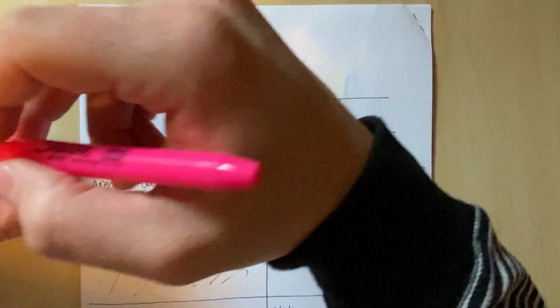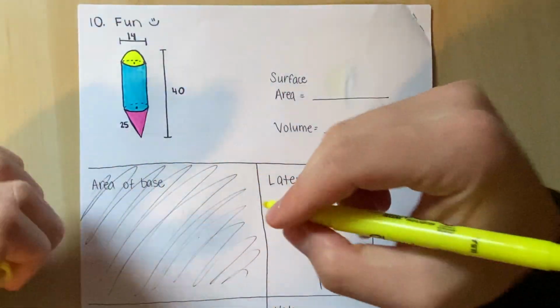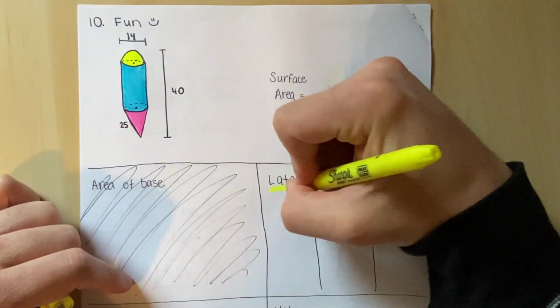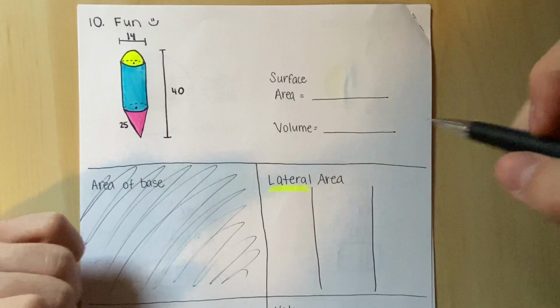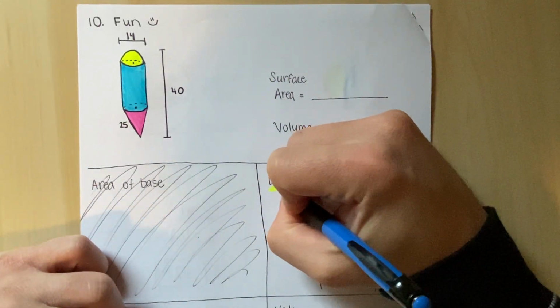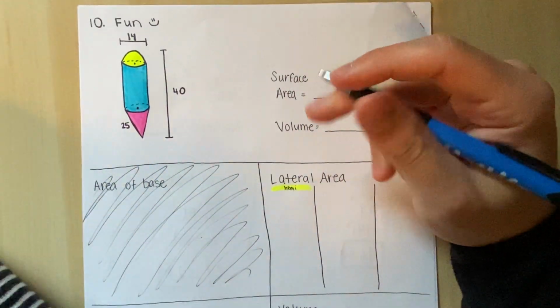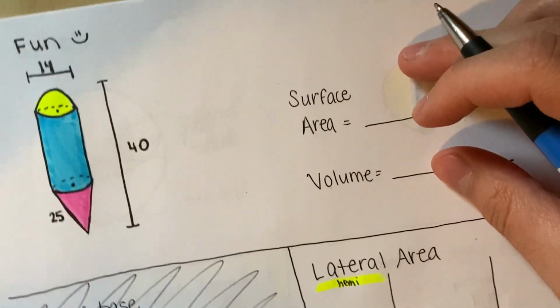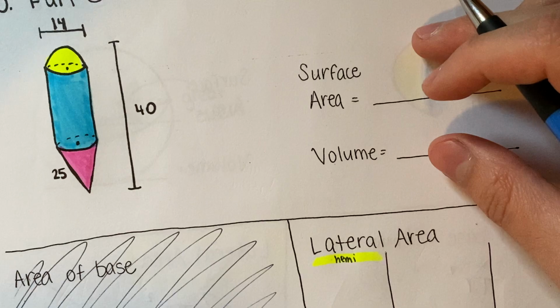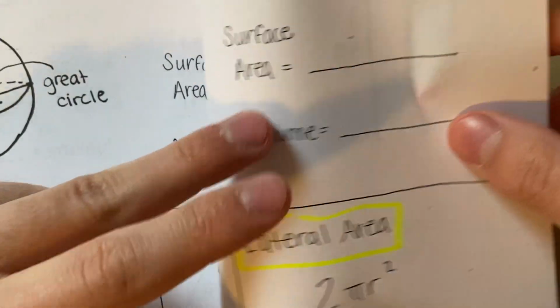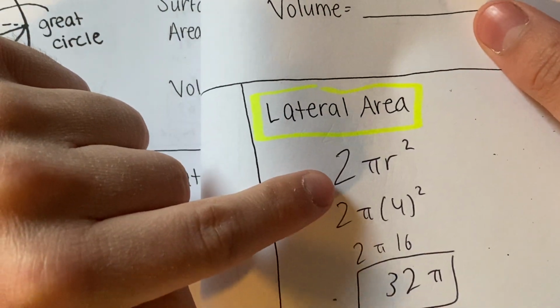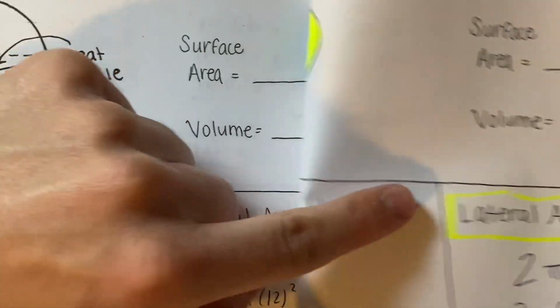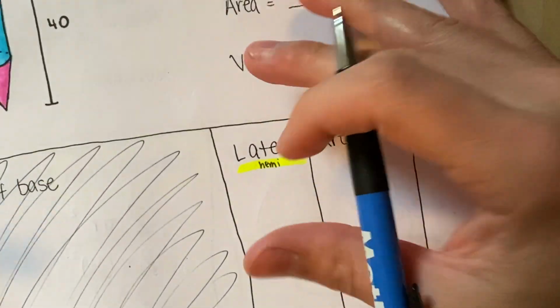All right, so we're going to start with the yellow. The yellow part is for the hemisphere. The lateral area of this thing, remember, is just the outside part. It's the lateral area that we talked about earlier in a hemisphere, 2 pi r squared.